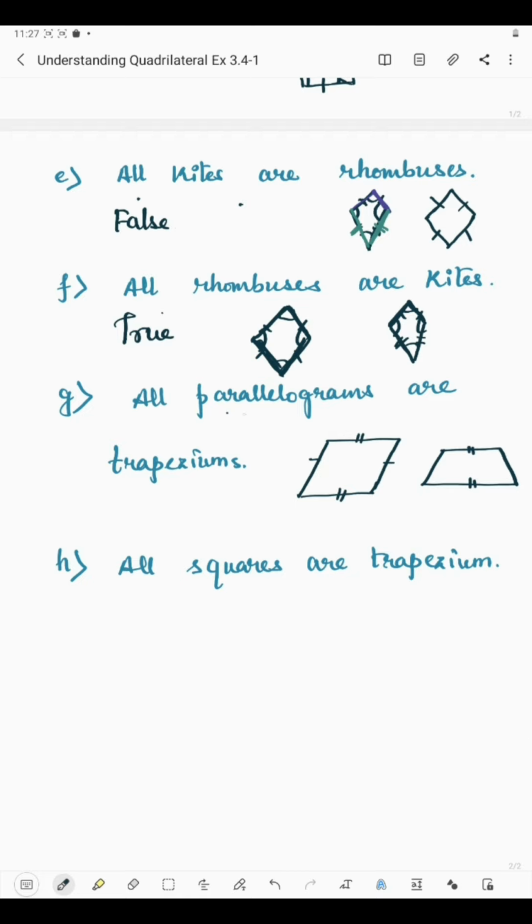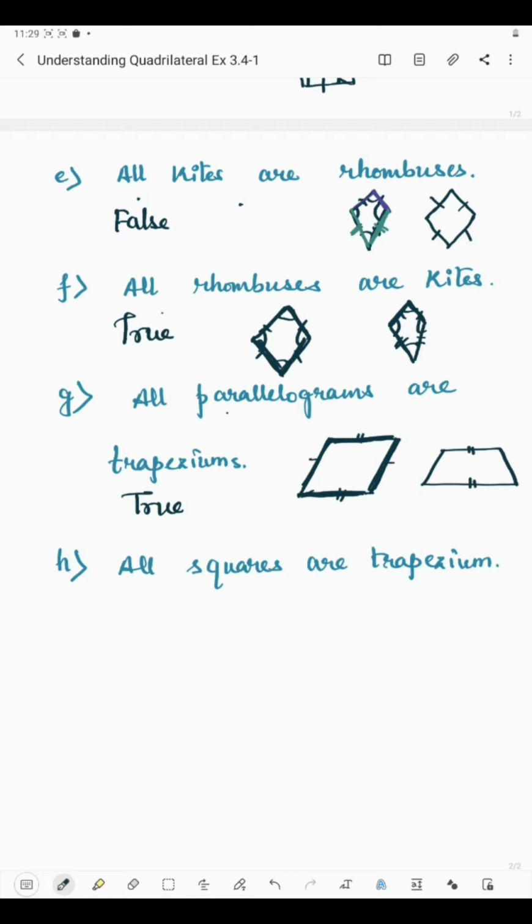And in a parallelogram one pair of parallel sides is there. If there is at least one pair of parallel lines, then we can say that the parallelogram is a trapezium. So all parallelograms are trapezium. So this statement is true. Okay. Now coming to next part.